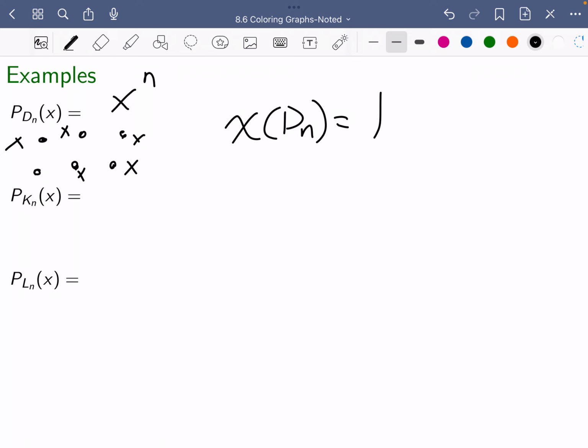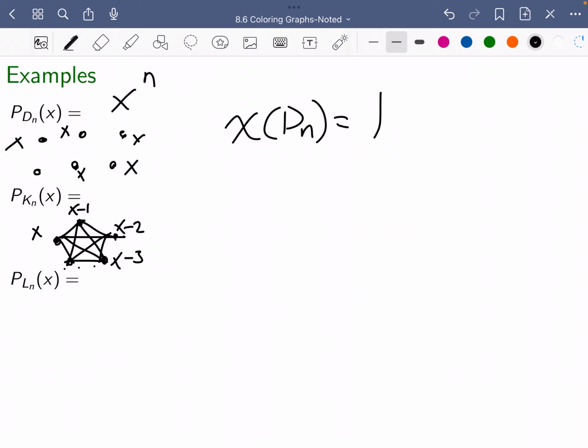If we have a complete graph on n vertices, everything's connected to everything else, so you have x minus 1, x minus 2, because this one can't have the color of either of the previous two, x minus 3, and so on.